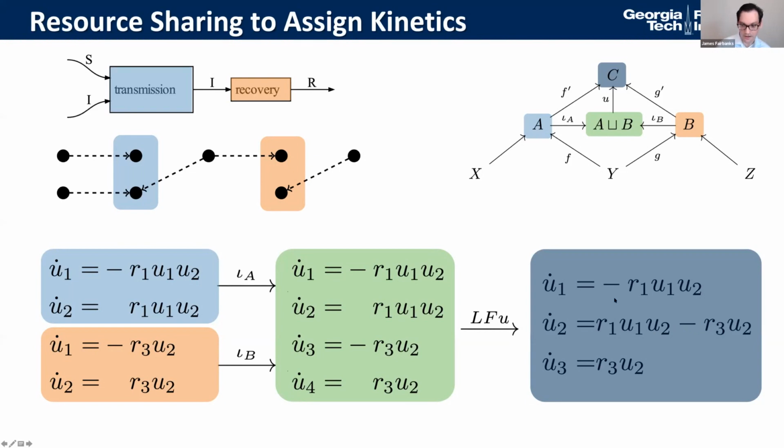So in the blue system, in transmission, you're increasing the number of U2. And in the orange system, you're decreasing the number of U1s. But U2 and U1 are going to become the same variable by the cospan. So now U2 is increasing because of the component from U1 from transmission, and decreasing because of the component in recovery.